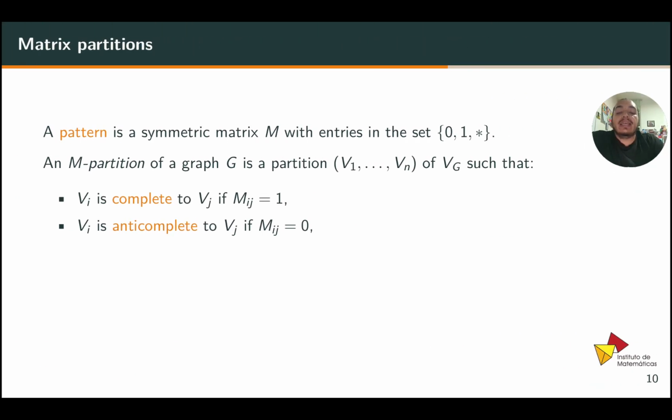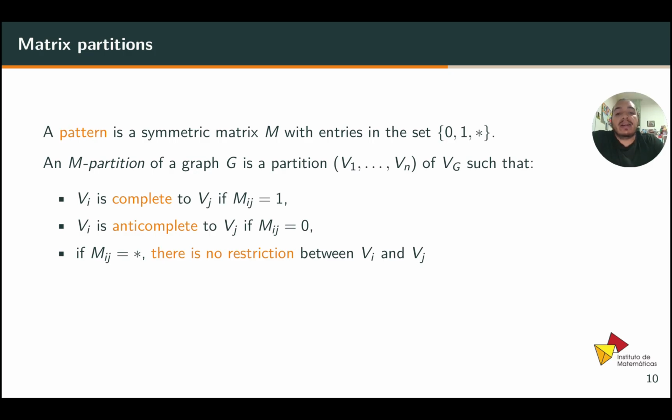If Mij equals 0, then no vertex in Bi is adjacent to any vertex in Bj. And if Mij is an asterisk, then there is no restriction on the adjacency of the vertices between Bi and Bj.